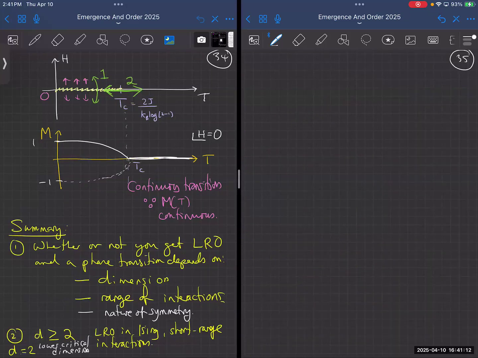So we're going to talk about continuous symmetries. I want to talk about discrete versus continuous symmetry.